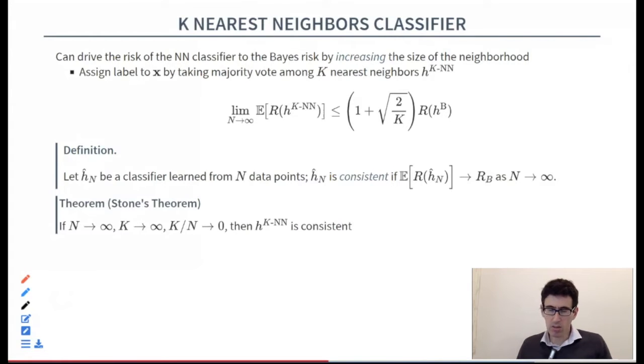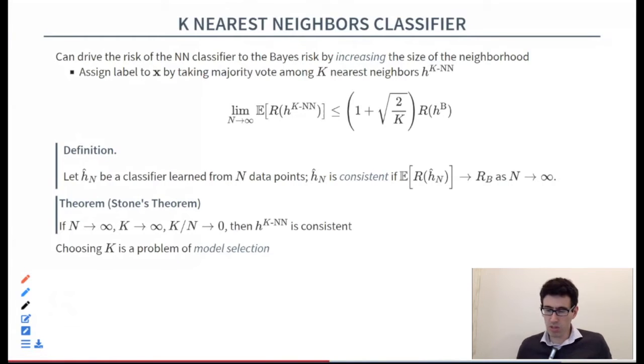And it turns out that there's a famous theorem in learning that says that as n goes to infinity, and if the number of nearest neighbors goes to infinity as well in such a way that the ratio of nearest neighbors to the number of points in your dataset goes to 0, then your nearest neighbor classifier is always consistent. I'm not going to prove that.